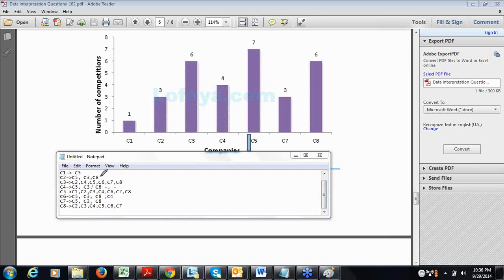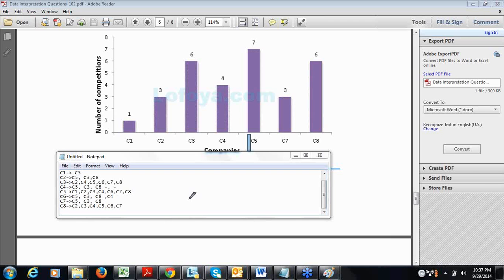Got it, everybody? Similarly, you can write it for others as well. For C5 obviously all 7 are competitors. For C6 you have competitors C5, C3, C8 and C4. For C7 you have C5, C3 and C8 because there are 3 competitors. So you can write all these competitors.